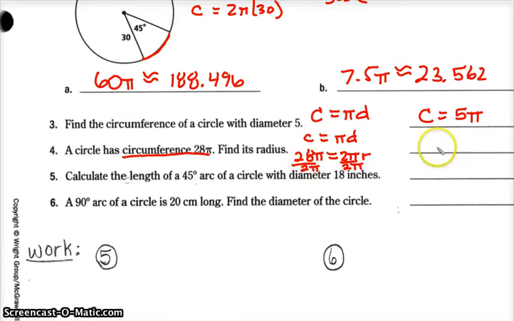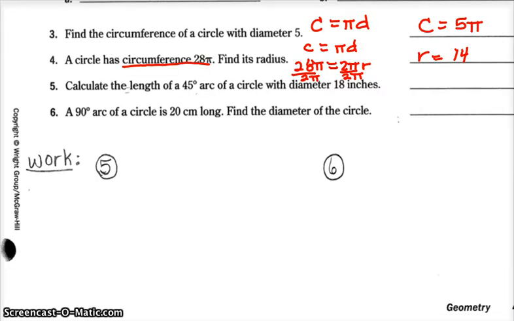And I'm left with the radius of 14. Alright, 5 and 6, we have some space down below. We're going to calculate the length of a 45-degree arc of a circle with diameter 18. So we'll use our diameter to find the circumference. Our circumference here equals 18 pi.